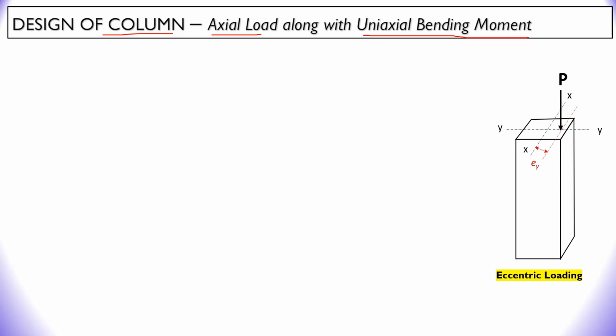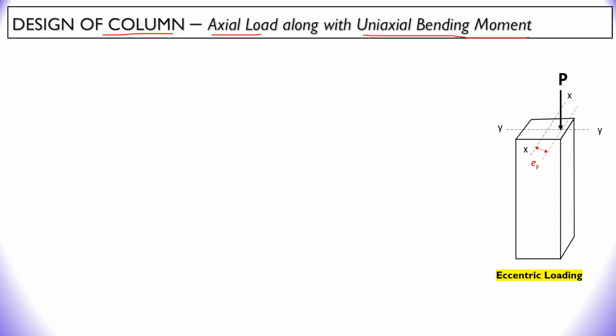One is due to axial load, that means direct compressive stresses, and the other is the moment that will also act. That bending moment will be due to the eccentricity of the load from the centroidal axis. Or otherwise, in the design problem, we may have the information that the load acts at the centroid, but some external moment is also acting.